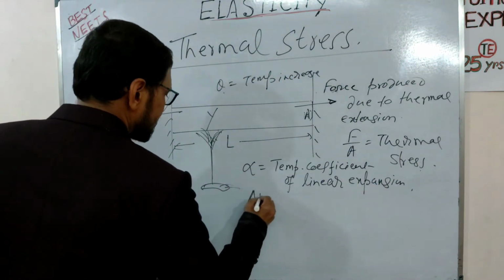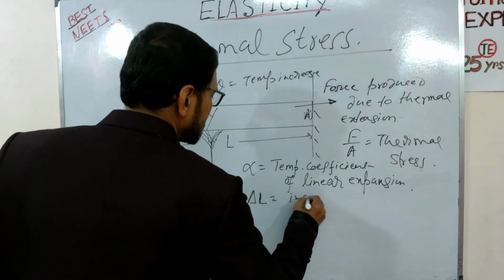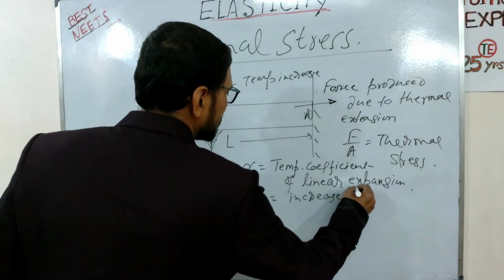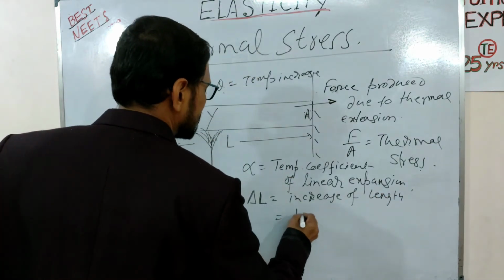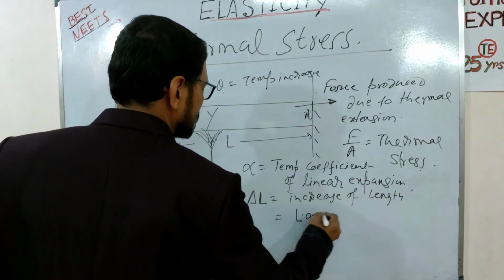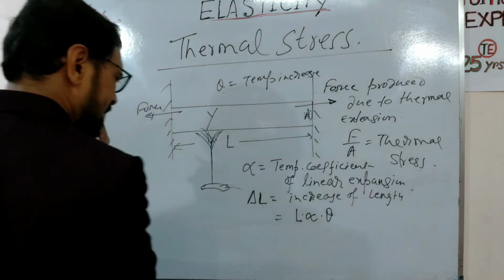Now del L is the increase of length, which is equal to L into alpha into theta. Del L equals L alpha theta.